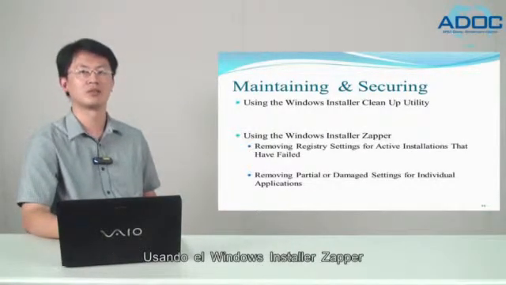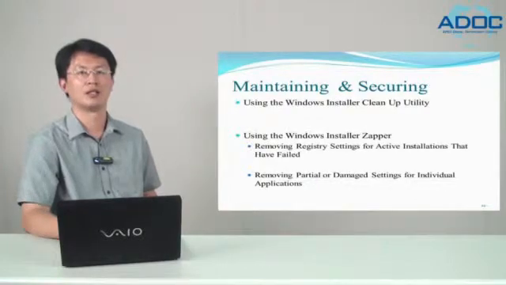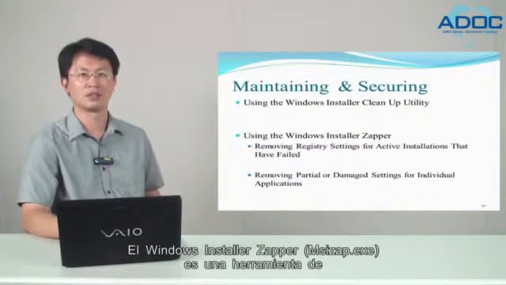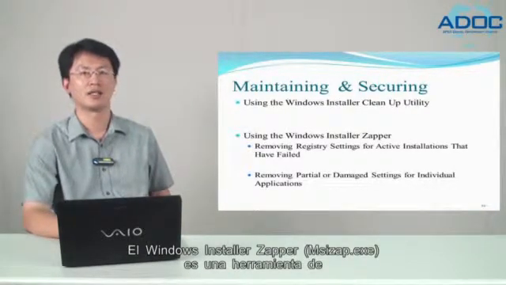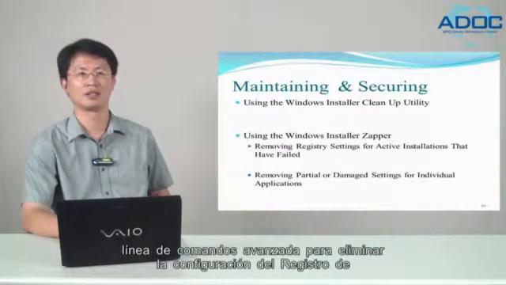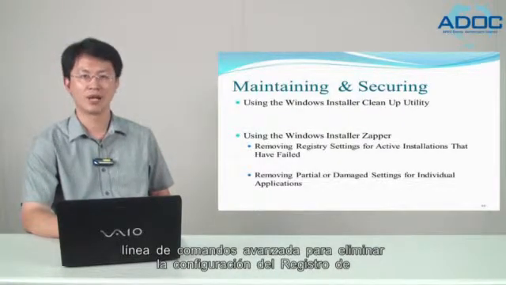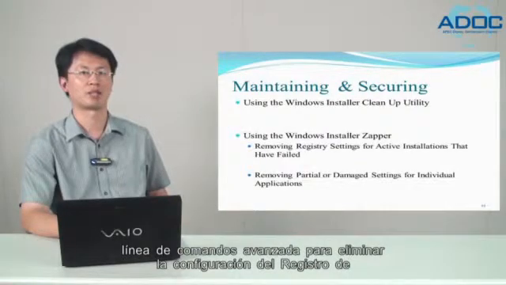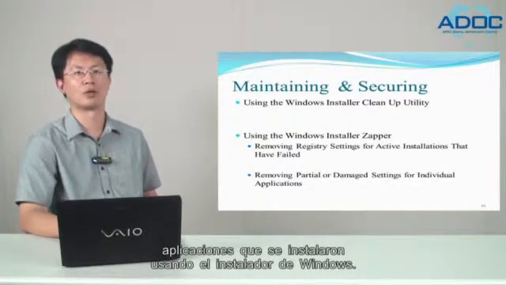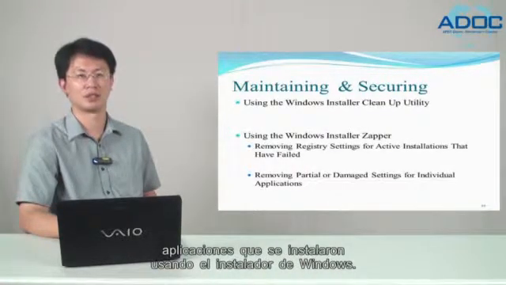Using the Windows Installer Zapper: it is an advanced command line utility for removing registry settings for applications that were installed using the Windows Installer.